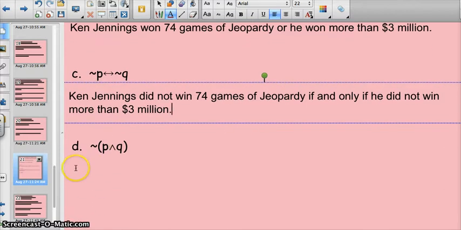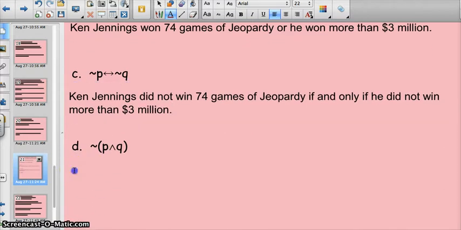Finally, we get to the bottom one, and I hope you remember this, okay? Whenever you've got the negation outside of parentheses, it starts with "it is false that." That's how that one worked. We saw that 2 examples ago. And now we do the part inside the parentheses, which is the P and then the Q. Well, the P is Ken Jennings won 74 games of Jeopardy.